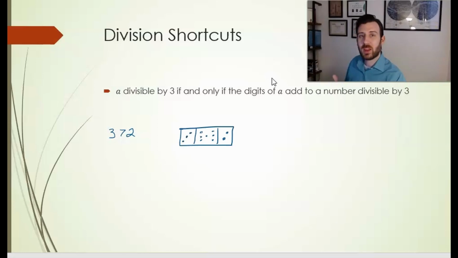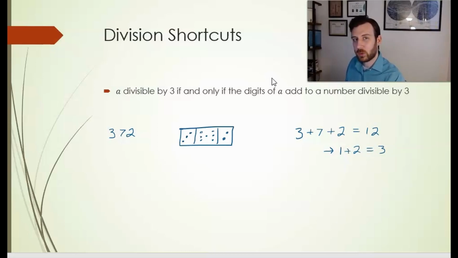Now we can go through the effort of grouping and moving our remainders, but we would like to verify this statement, that this is divisible by 3 only because 3 plus 7 plus 2 produces 12, and 12 is divisible by 3 because 1 plus 2 is 3, and 3 we know is divisible by 3.